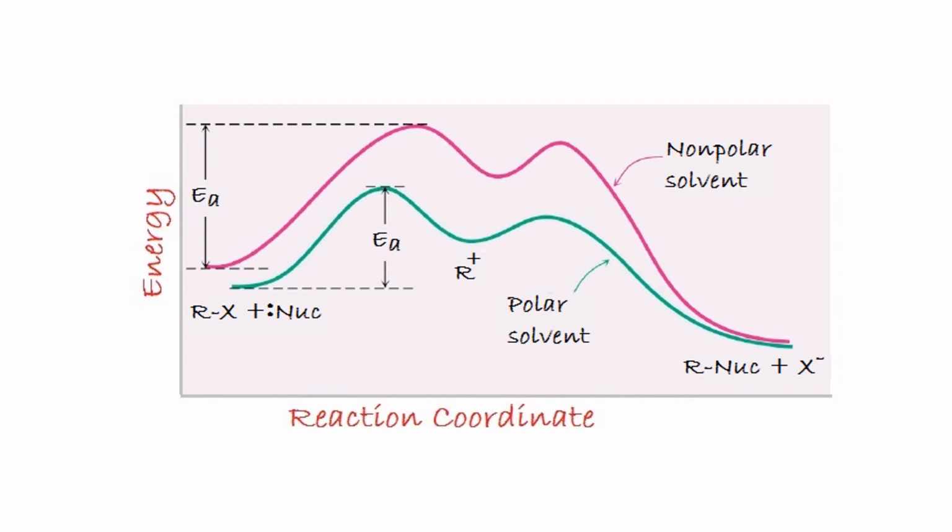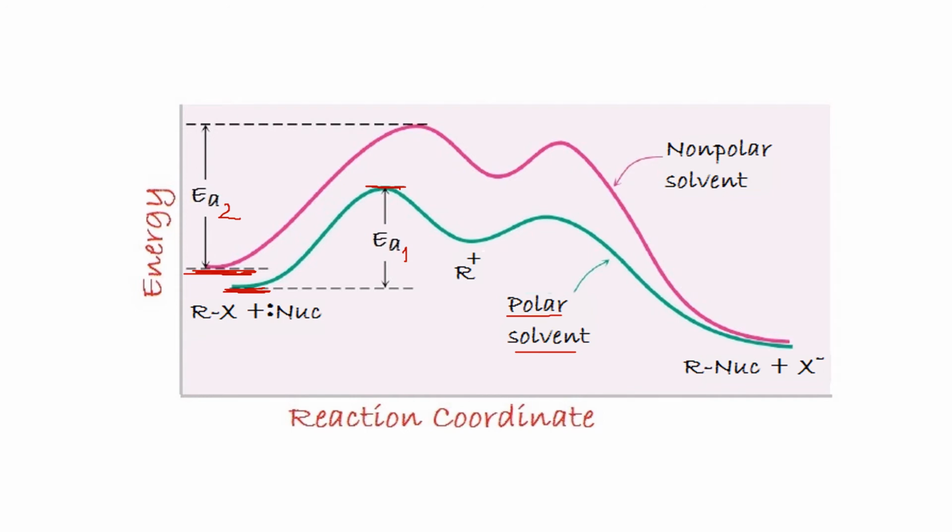In this slide, a reaction energy diagram shows the effect of solvent polarity. If you have a polar solvent, you will find that the energy of the starting material is lower than in the case of a non-polar solvent, and the activation energy to the first transition state, E1, is less than the E2 in the case of a non-polar solvent.